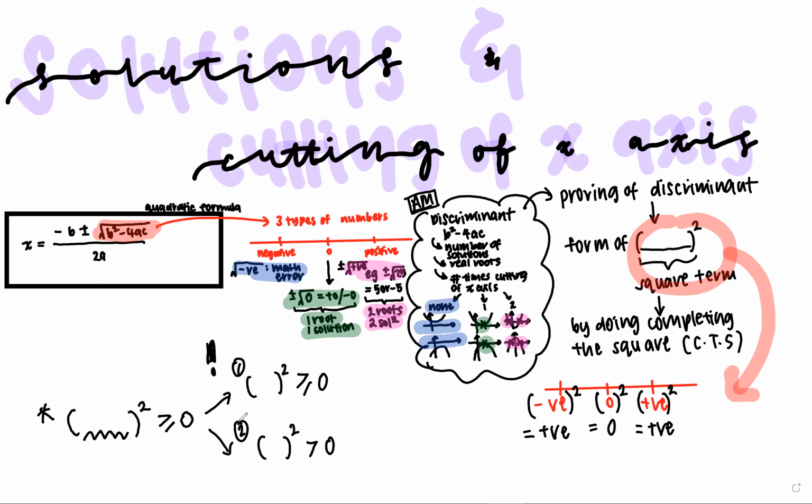The first one can also be 0 or more than it. But the second one is only above 0, so it's like 1 onwards. So the second one cannot be 0. Correct? That's why the second one is only greater than 0. So you'll be wondering, Miss Lin, how come it cannot be equal to 0?